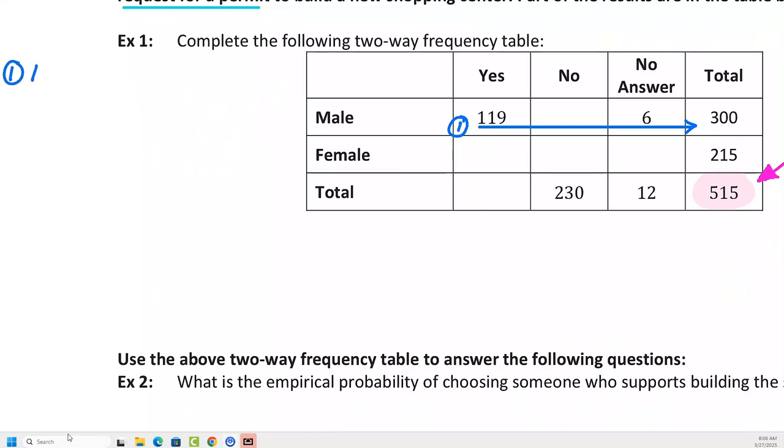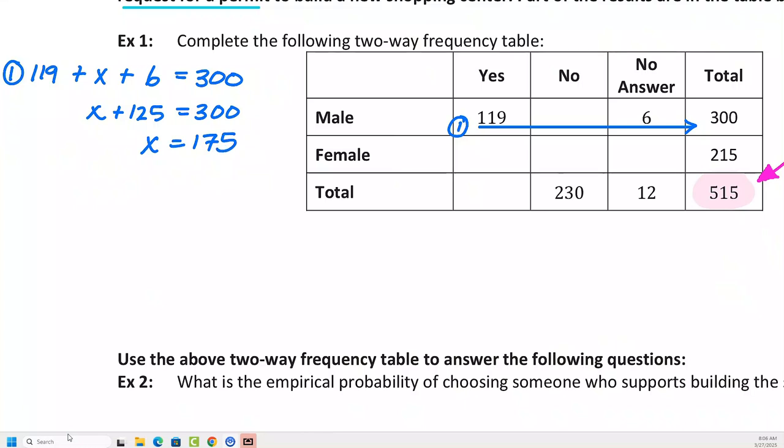I know that 119 yeses plus x, the number of no's, plus 6 has to be equal to 300. So 119 plus 6, adding like terms on the same side, is 125. That has to equal 300. So x is 175.